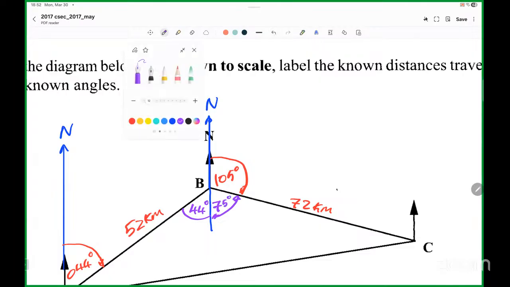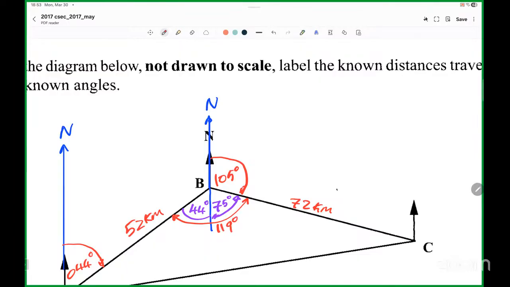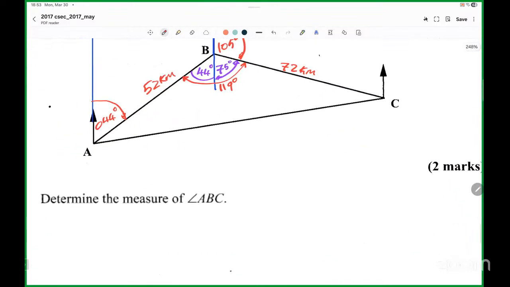The total angle across here that I want is the sum of those two. 44 plus 75 is how much? 119 degrees. So this angle is 119 degrees.